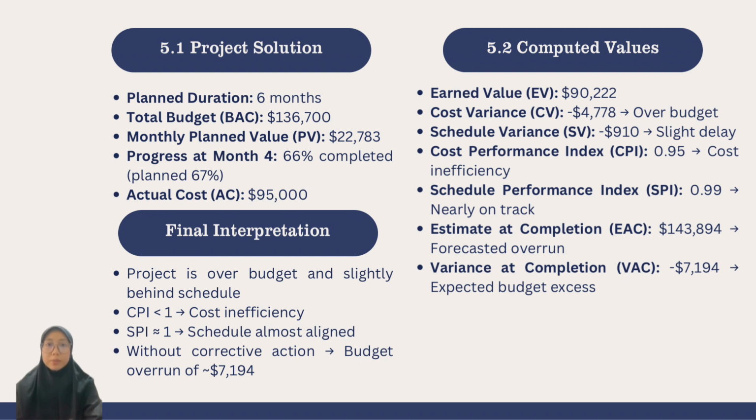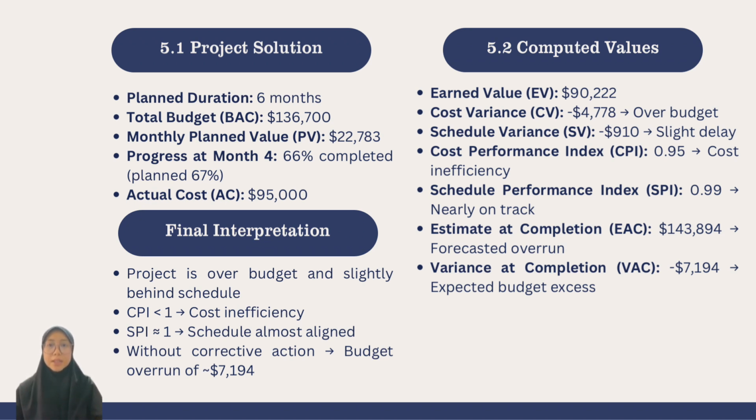So now, I will present the earned value management analysis for our restaurant management system, focusing on sections 5.1 and 5.2. At the start, the project was planned for 6 months with a total budget of $136,700. This gives us a monthly plan value of about $22,783.